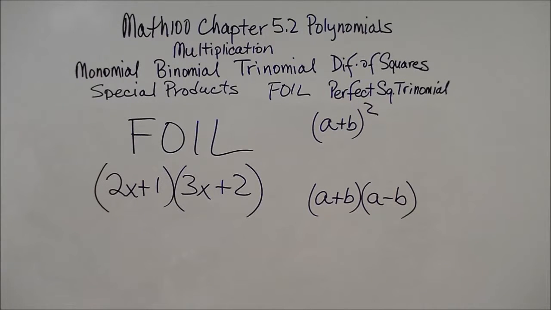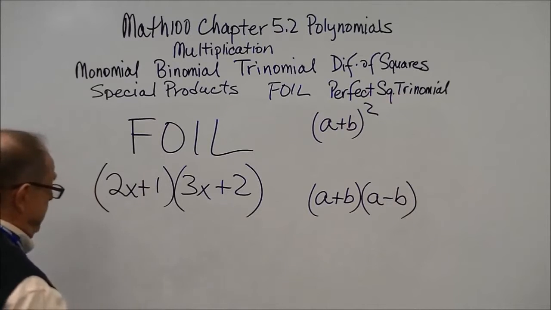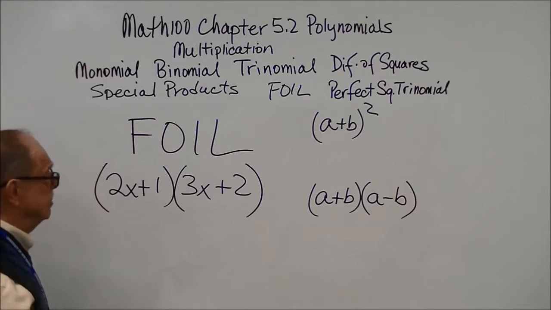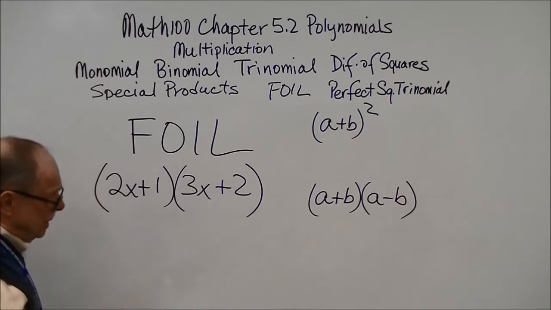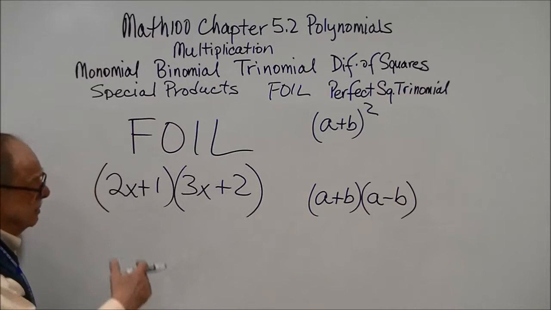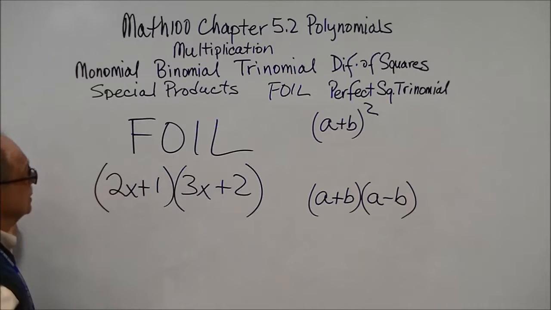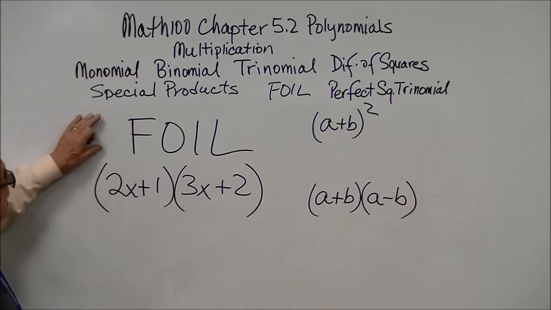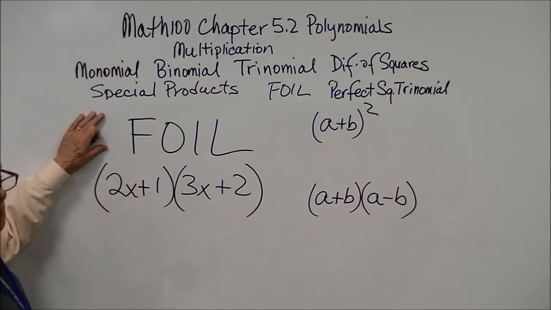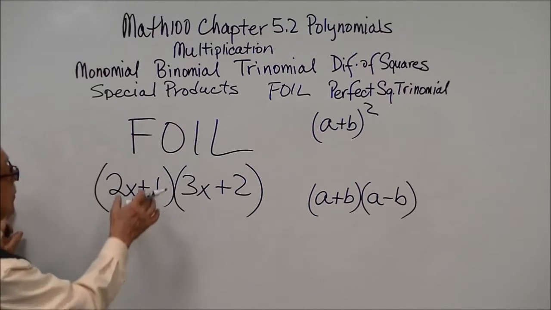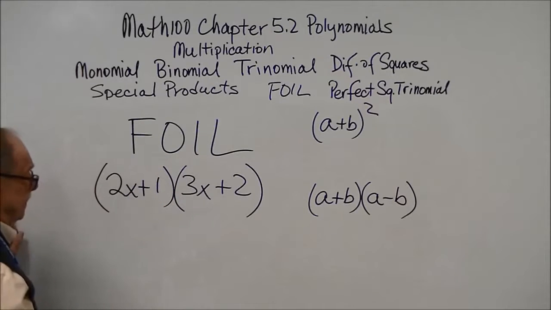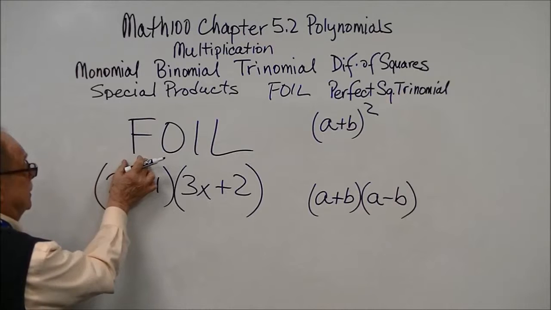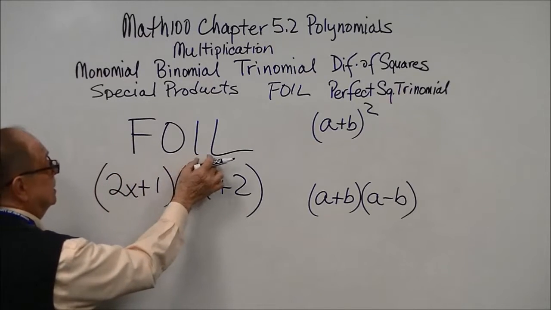I looked at the other examples on the next page, and I don't believe I included them in your booklet. They get to be very tedious and challenging and more for an upper level course. So I thought I'd take a moment then, if we haven't already done it, to go over what is meant by FOIL. FOIL is an acronym where we take the first letter of each term.